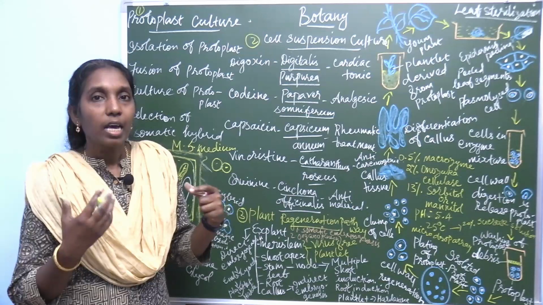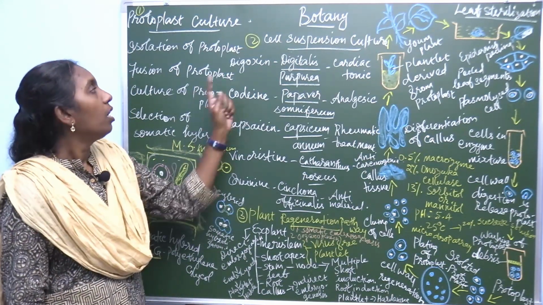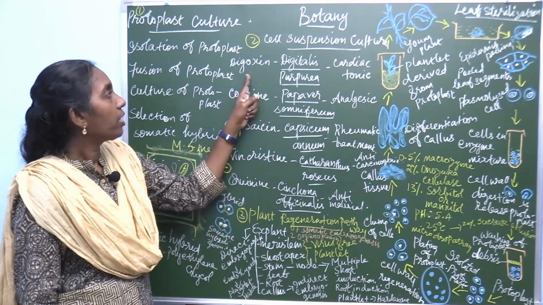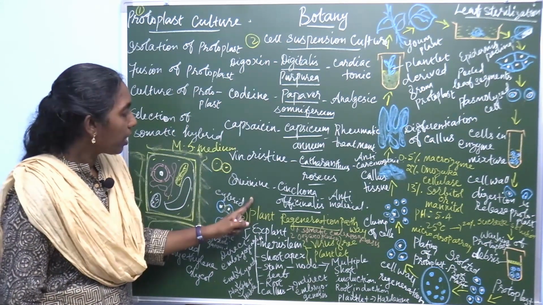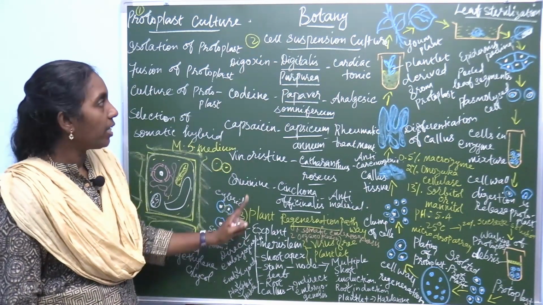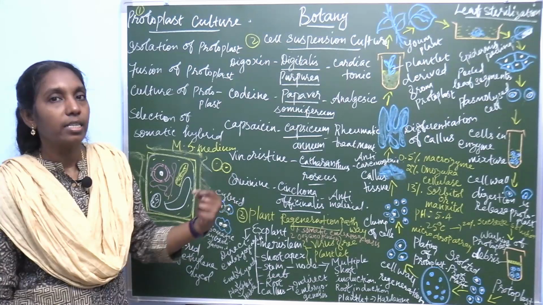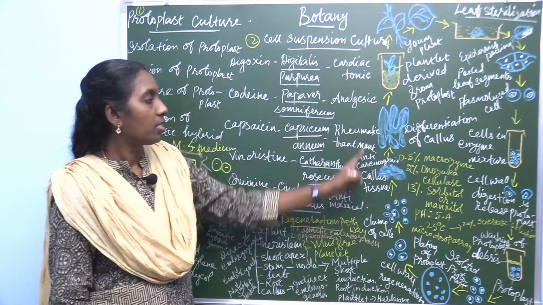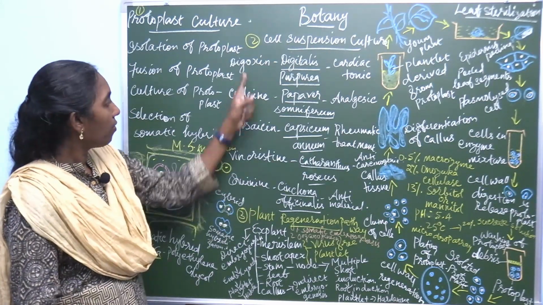What are the examples of cell suspension culture? Here there is a product called digoxin. This is the product, that is, the secondary metabolite. This is the plant source from which it is obtained, and these are the uses. This is also important. There are 5 examples.